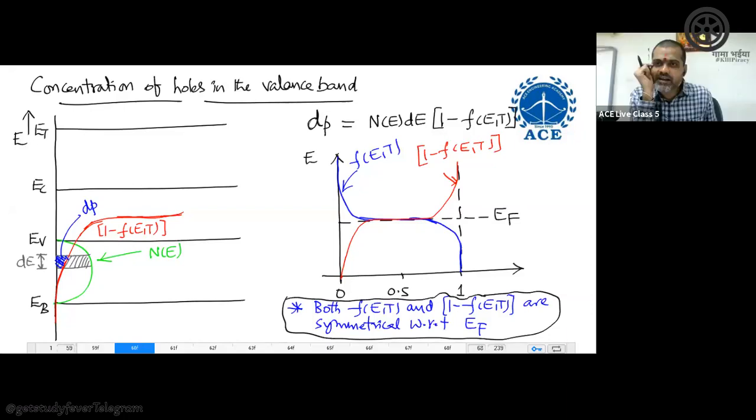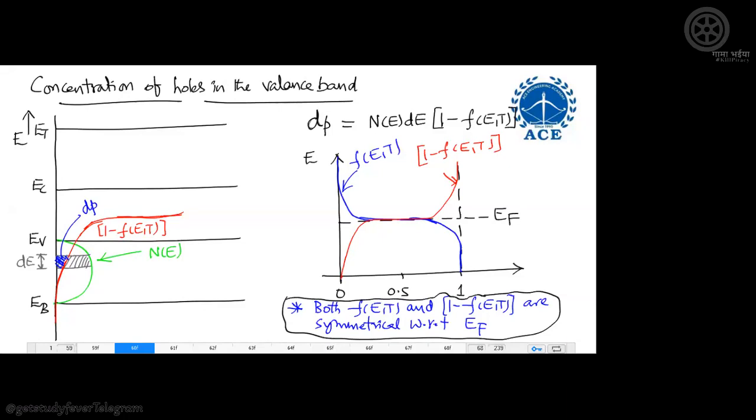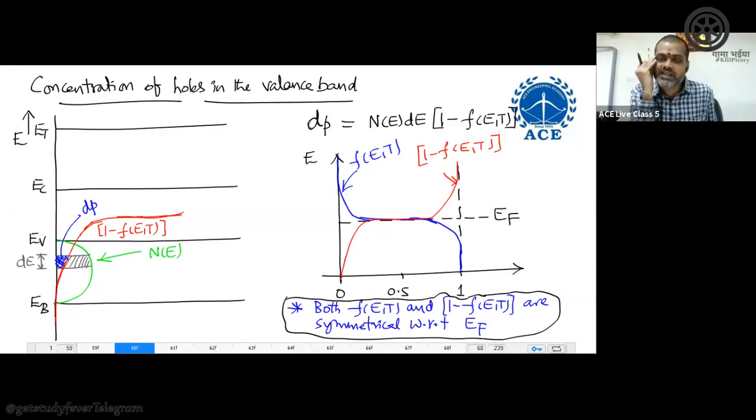Where are holes there? In the conduction band. I have mentioned very clearly, please be careful. There is no meaning of talking about holes in the conduction band. What is the basic nature? There are no holes, no electrons at all in the conduction band.